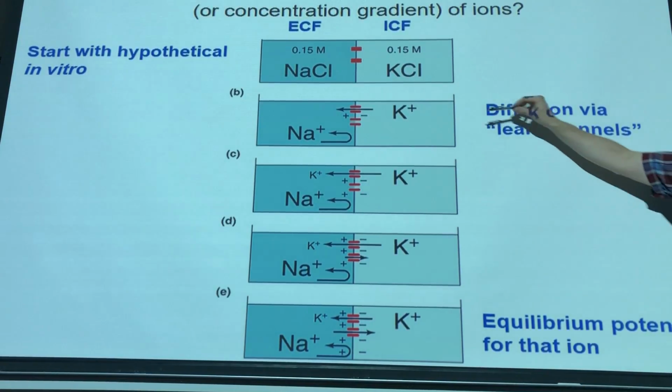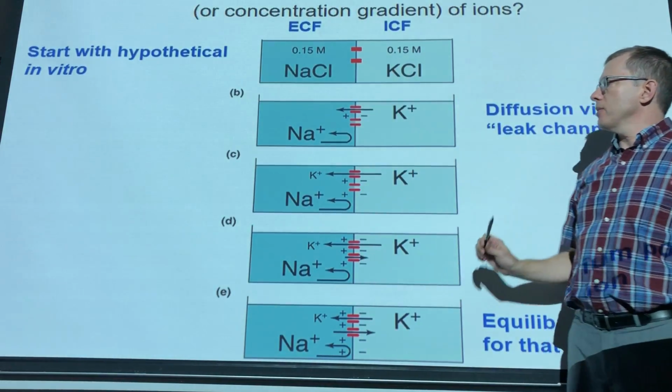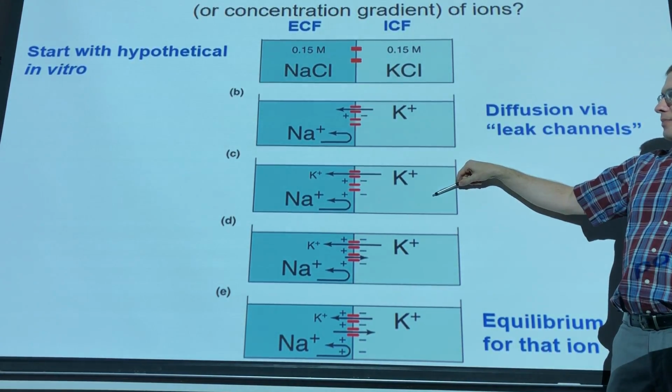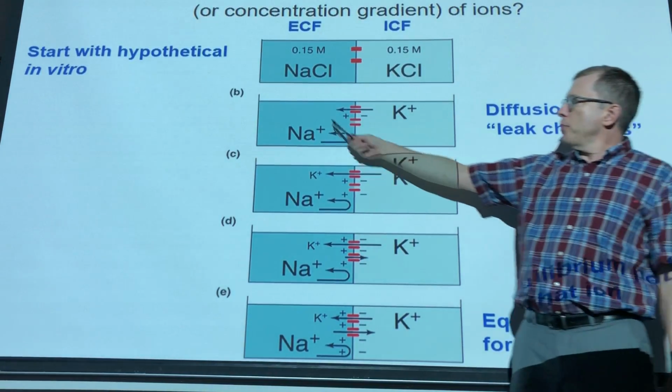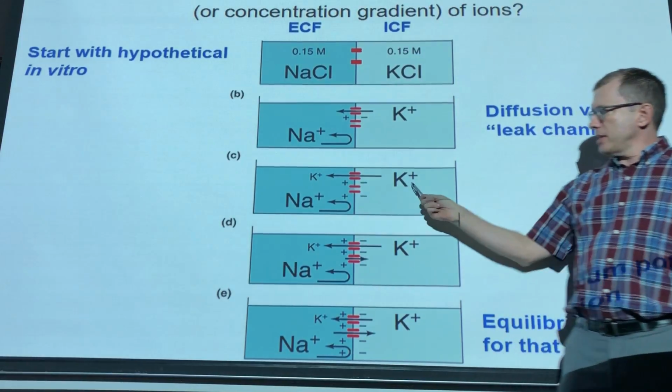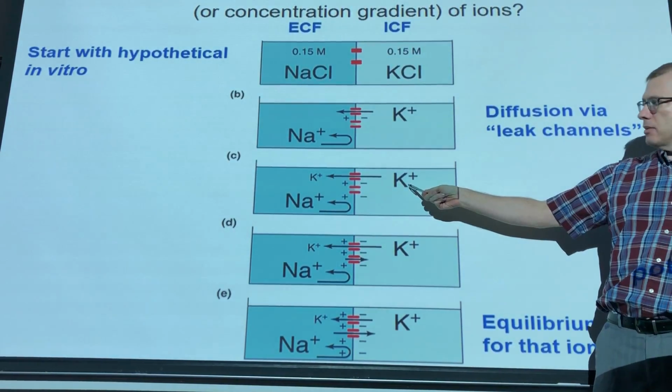So potassium is going down its concentration gradient. Okay, now, if you take the next logical step, where you had no potassium here, but now some has come over here, but it's still less than this, okay?